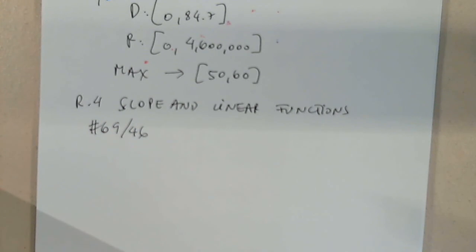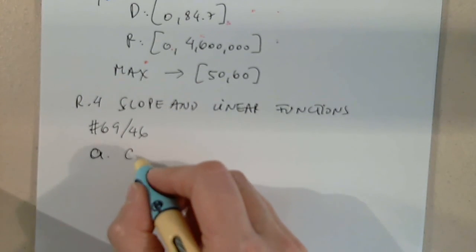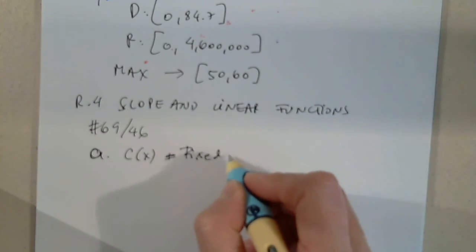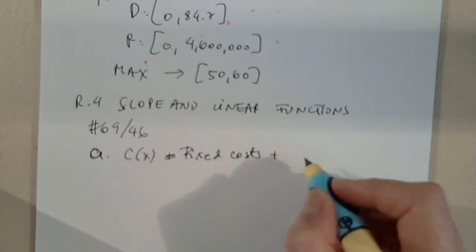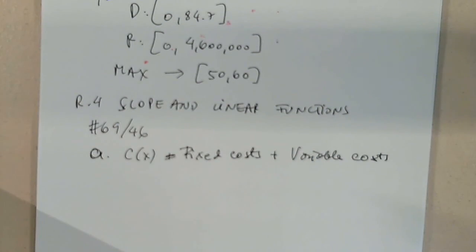It says profit and loss analysis. Jimmy decides to mow lawns to earn money. The initial cost of the lawnmower is $250, and gas and maintenance costs are $4 per lawn. Formulate a function C of x, part A, which is always fixed costs plus variable costs.